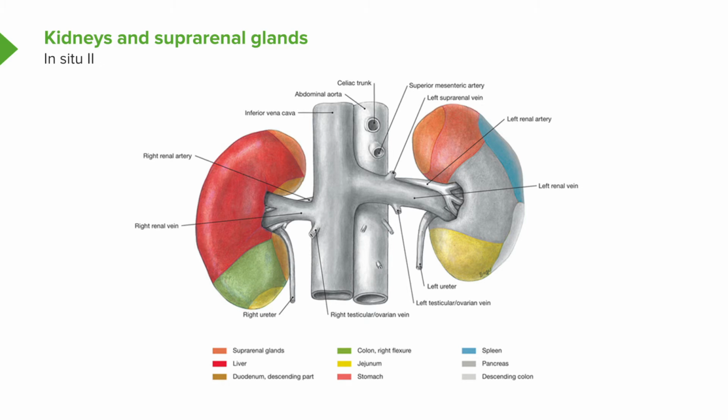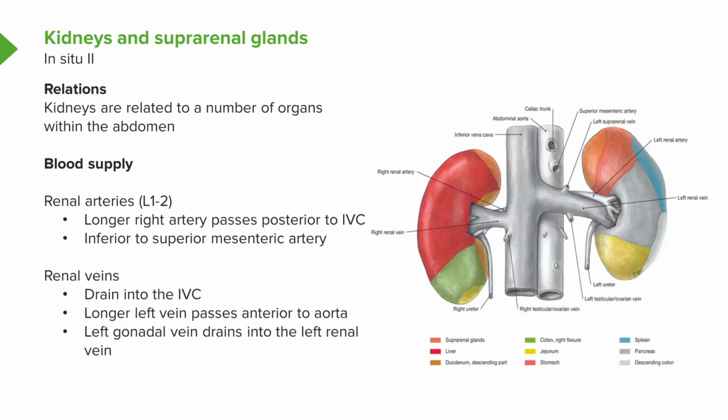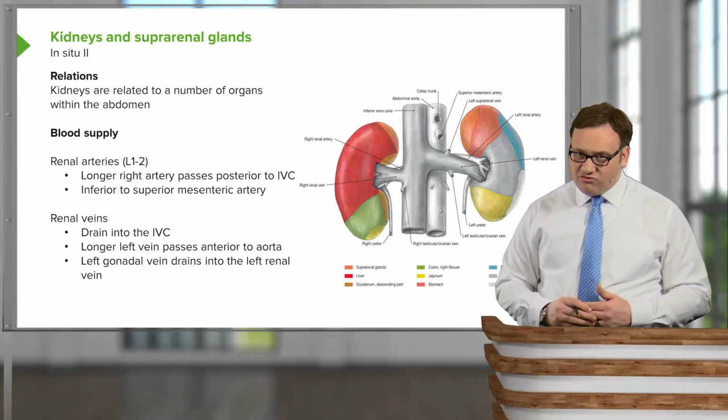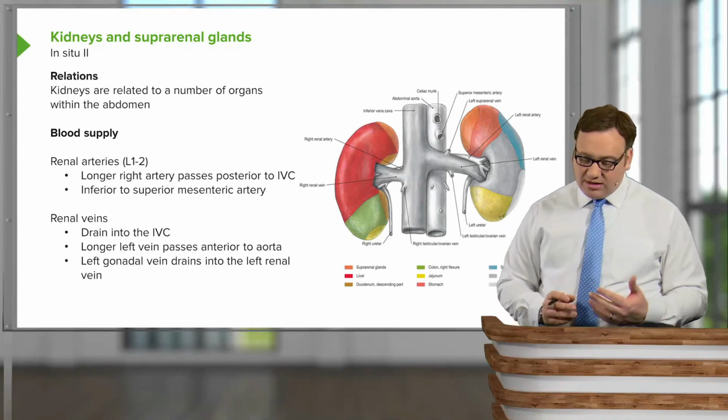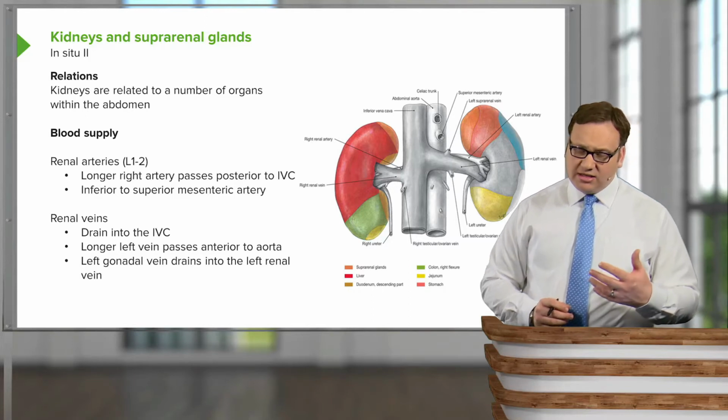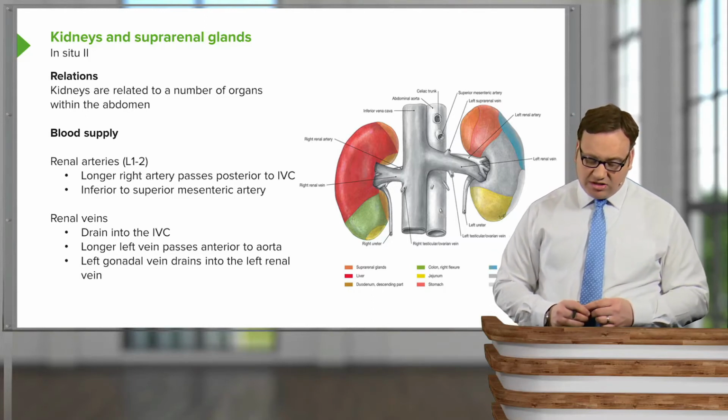So this is a really nice diagram showing the blood supply and the relations of the kidneys. Here we can just see the notes that I've added to go alongside this. We can see the renal arteries and the renal veins. We can see that the renal artery has a longer one on the right. That's because of the position of the aorta relative to the inferior vena cava, and the right renal artery passes posterior to it.